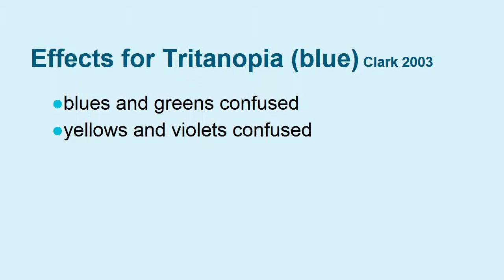The third is tritanopia, and this is very rare. I want to mention it and show it to you because, as you'll see in a minute, aging causes a triton-like effect. In those rare cases where the blue cones are not functioning properly, blues and greens are confused and yellow and violets are confused.